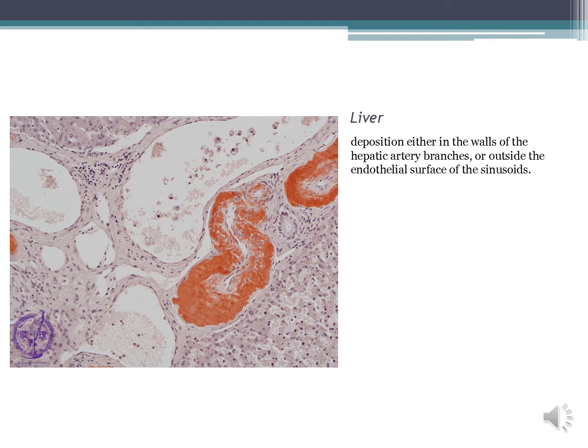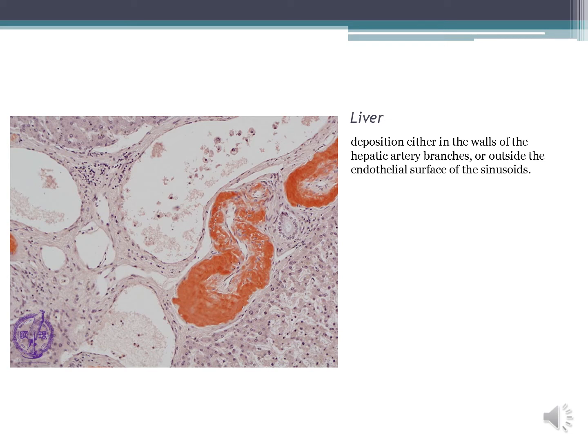either in the walls of hepatic artery branches or outside the endothelial surface of the sinusoids. So here you see the orange reddish accumulations of amyloid, and to detect such accumulation one must make the Congo red reaction, Congo red staining of the tissue sample.